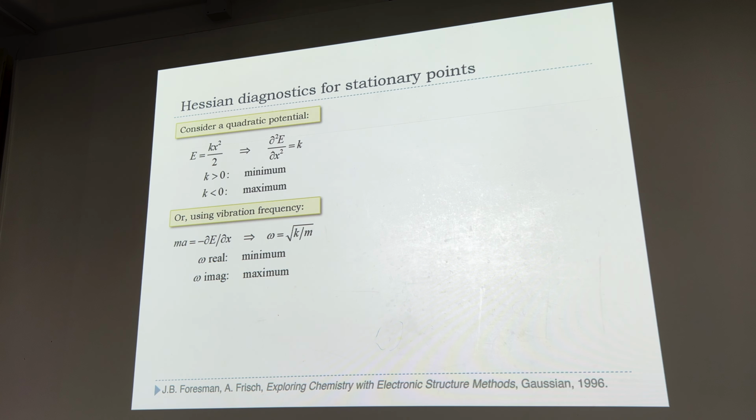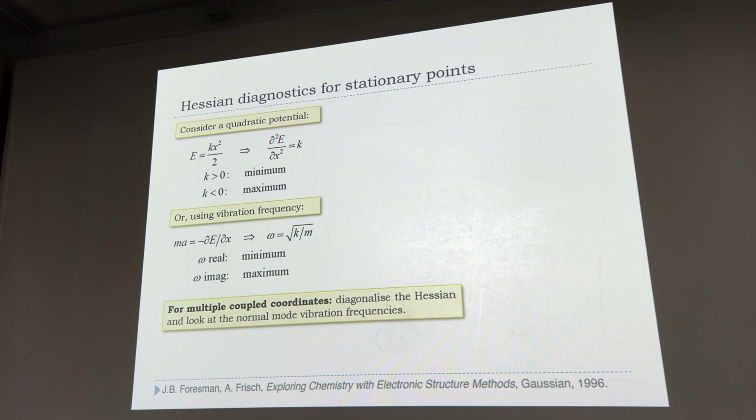We run vibrational analysis, and if all the frequencies are real, then we have a minimum, and if some are imaginary, then it's probably a saddle point, and in the unlikely case when they're all imaginary, then we got ourselves into an energy maximum. And this is the one-dimensional case. If we work through the multi-dimensional case, when we have multiple interacting particles moving, we calculate all mixed and straight second derivatives with respect to all of the coordinates.